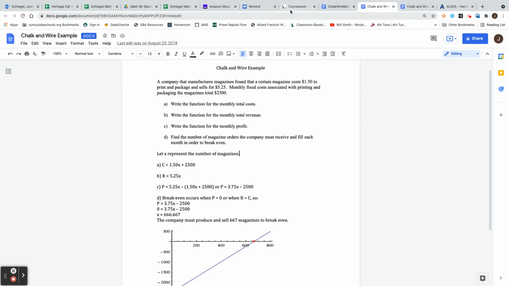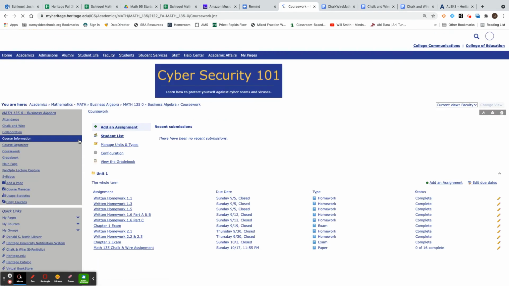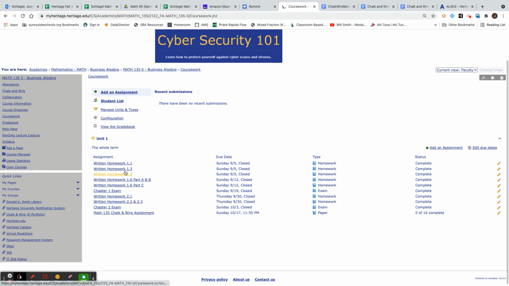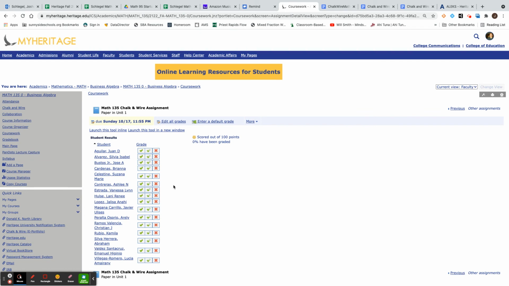The way that uploading it works is you will go to MyHeritage, and you can see there's a bunch of you, all of you here. When you go to coursework, and this is where you will see your assignments and things that I've graded, you will see the Math 135 Chalk and Wire assignment. Your interface may look different than mine.